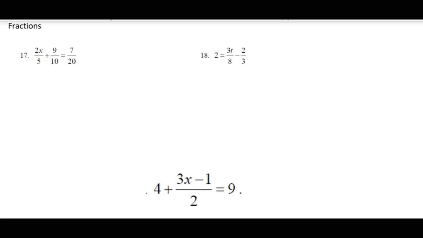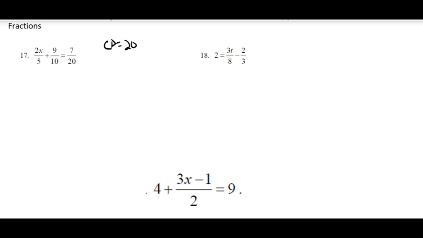First one that people asked about was doing some fraction problems. So on 17 and 18, we need to look for a common denominator. Okay, and my common denominator on this one is 20.